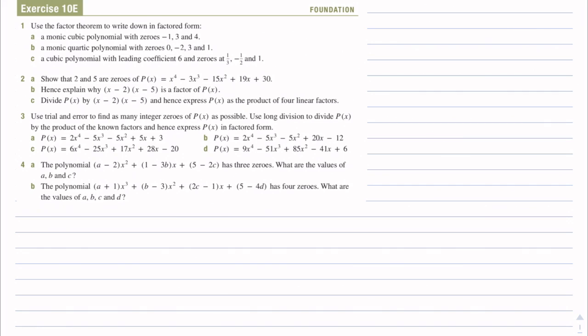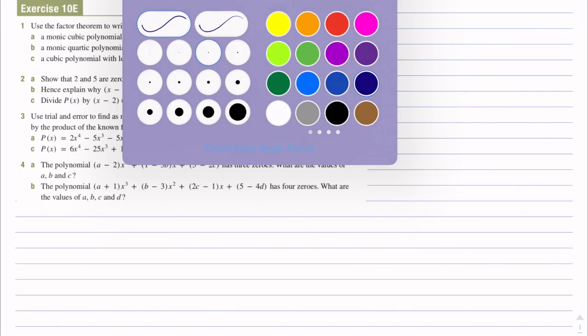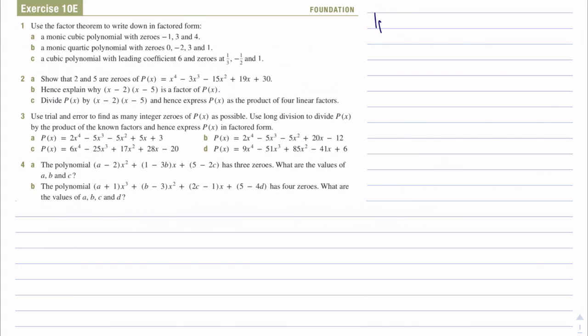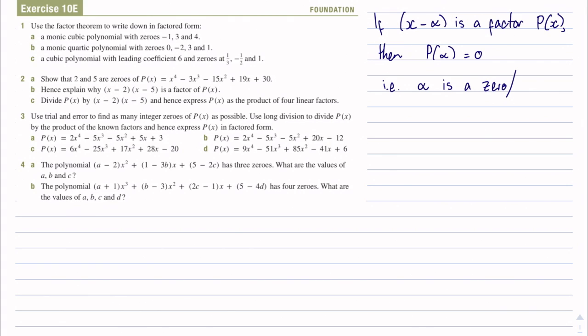And if you remember the factor theorem, if x take alpha is a factor of some polynomial p of x, then p alpha, so you sub alpha in, comes out as 0, i.e. alpha is a 0. Or another word for that is root, and another word for that is x-intercept.